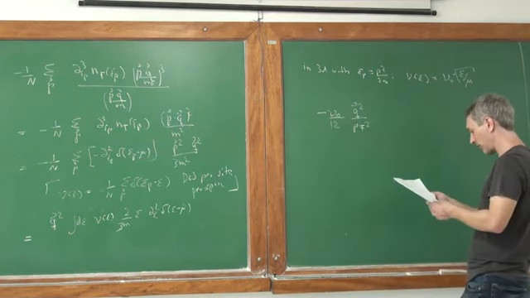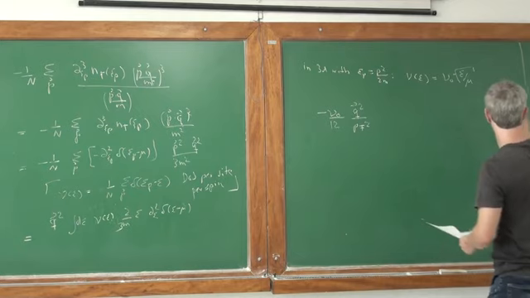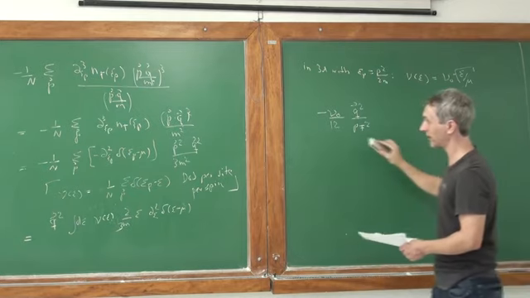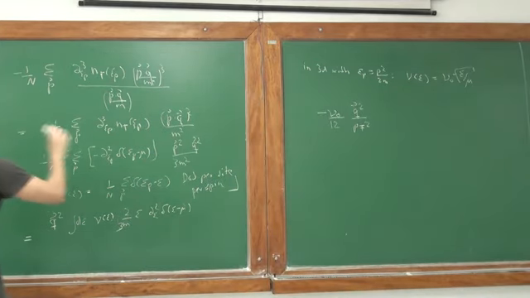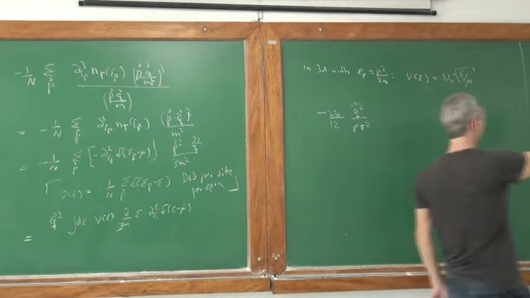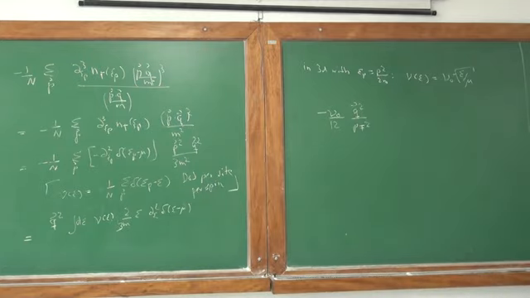Now, summarizing everything, I'll just write down the final result for the second order of the trace log expansion. So we have one contribution for finite omega, which was this contribution here.